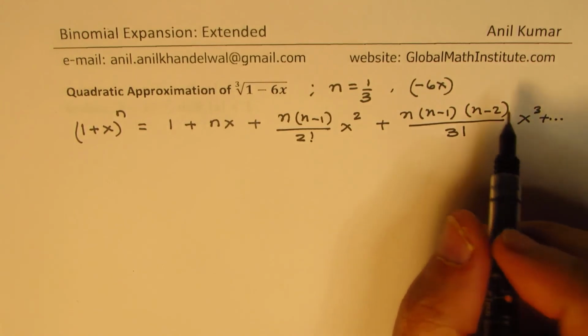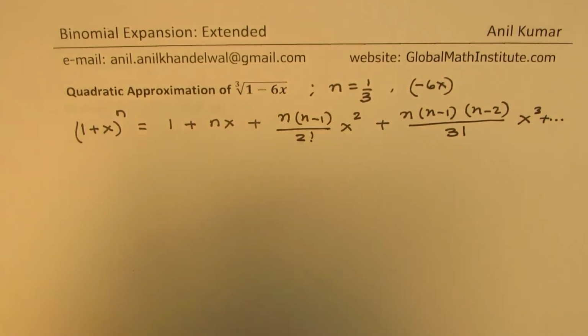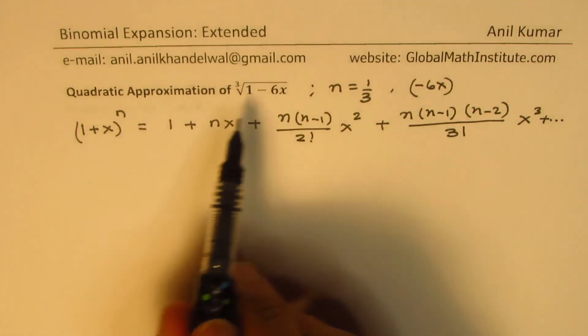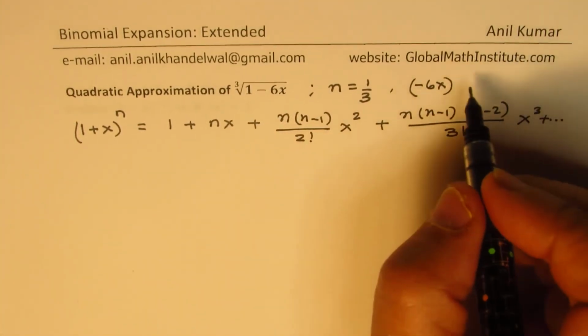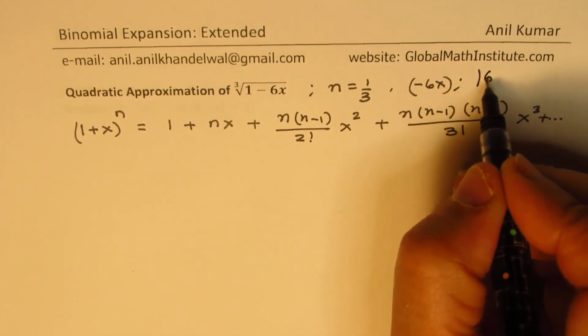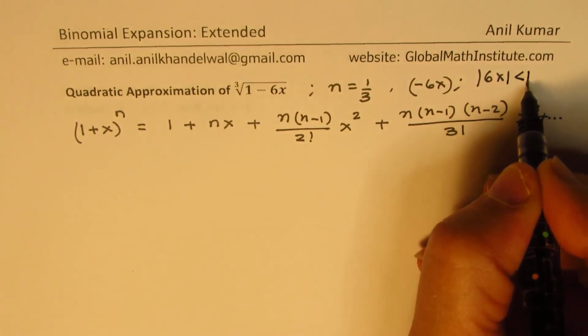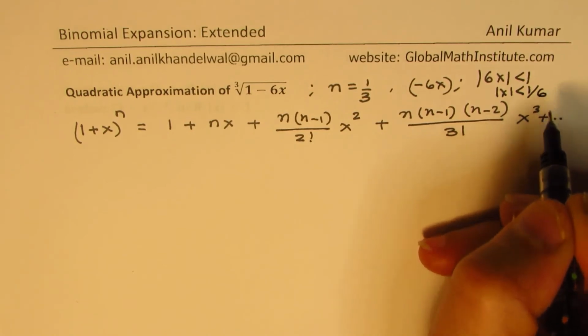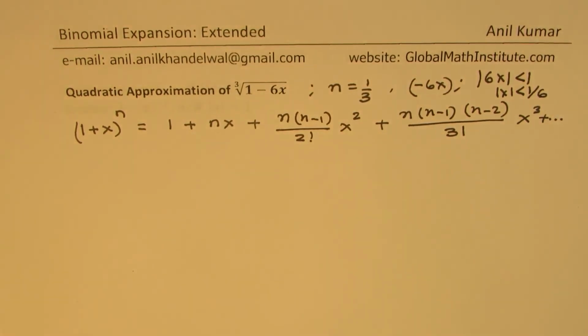Plus so on. Now, this expansion which I am doing here is only valid if the absolute value of 6x is less than 1. That means the absolute value of x is less than 1 over 6, correct? Now within that domain, we get the expansion which we are talking about.